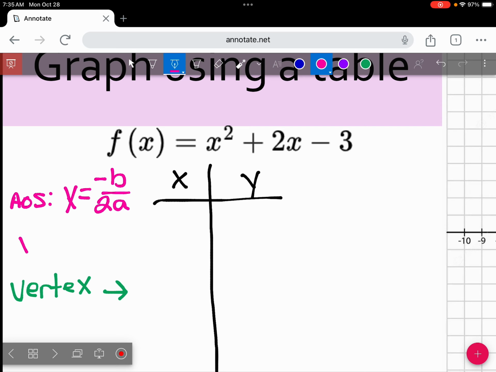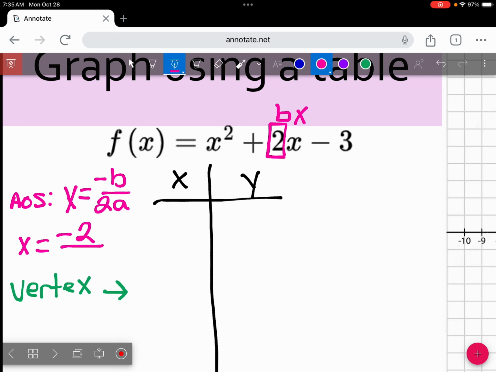So looking at this equation, we would need the opposite of b. What is the value of our b? 2x. Just the number. 2. In our axis of symmetry, we're never going to have a letter. So it's never going to ever say 2x. It's just going to have the 2, which is our b.